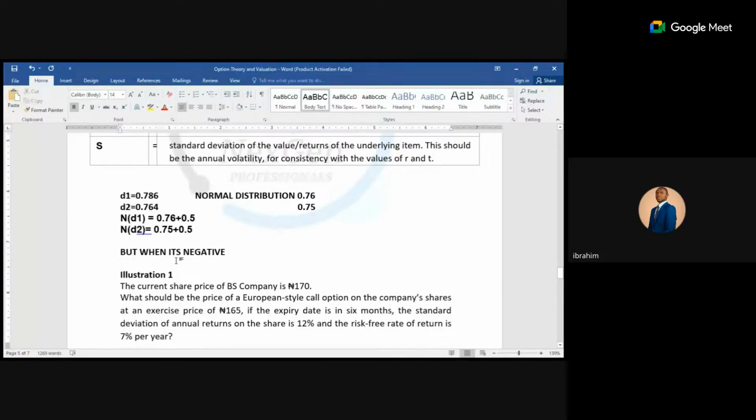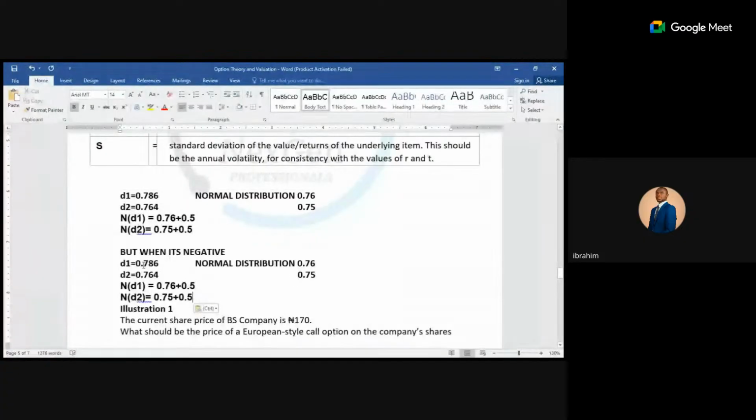So when it is negative, you calculate your D1. When your D1 is negative, let's say negative this minus this, you have minus this.